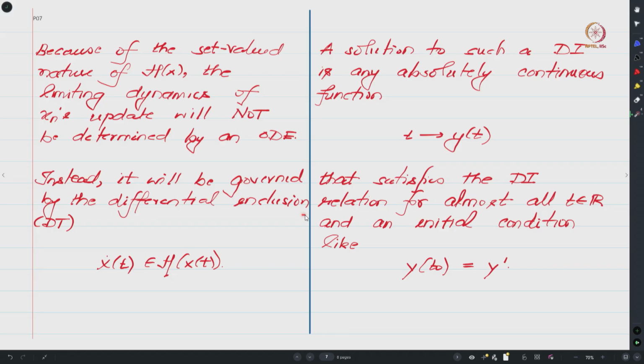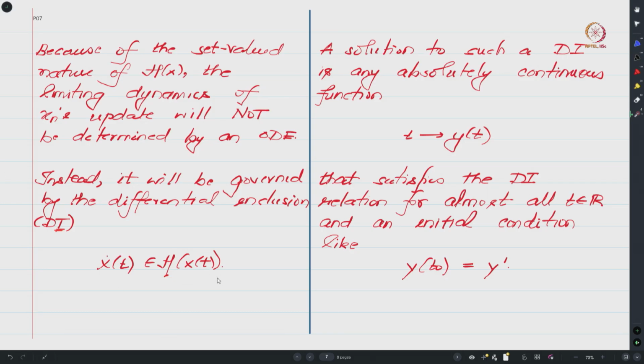Often I will abbreviate differential inclusion by these two letters, DI. So DI stands for differential inclusion. In particular, the limiting differential inclusion that governs the update rule of x_n is basically this.